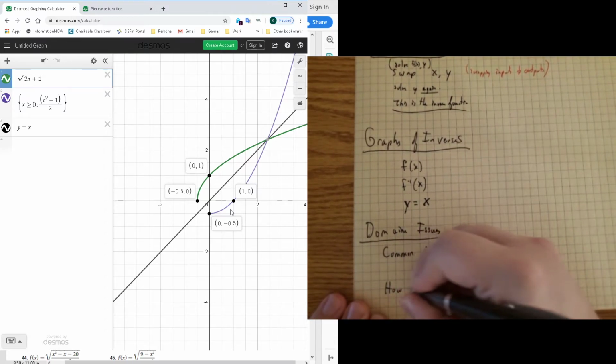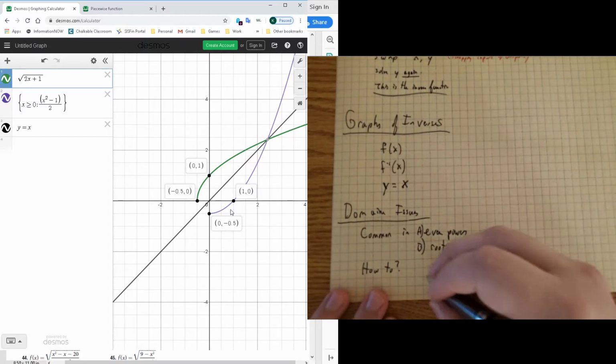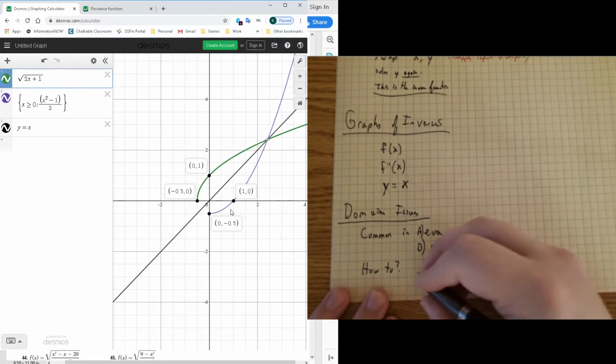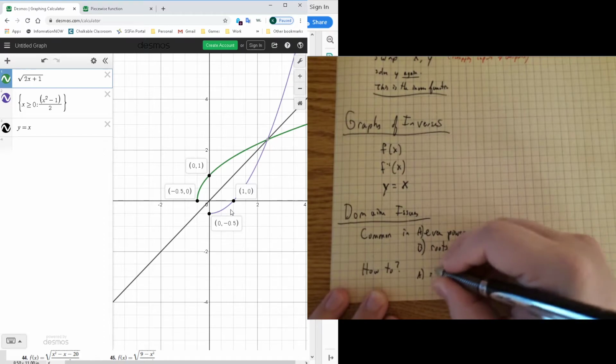No matter which one you're given, you'll eventually do the same process. I recommend, in both cases, start with the even.